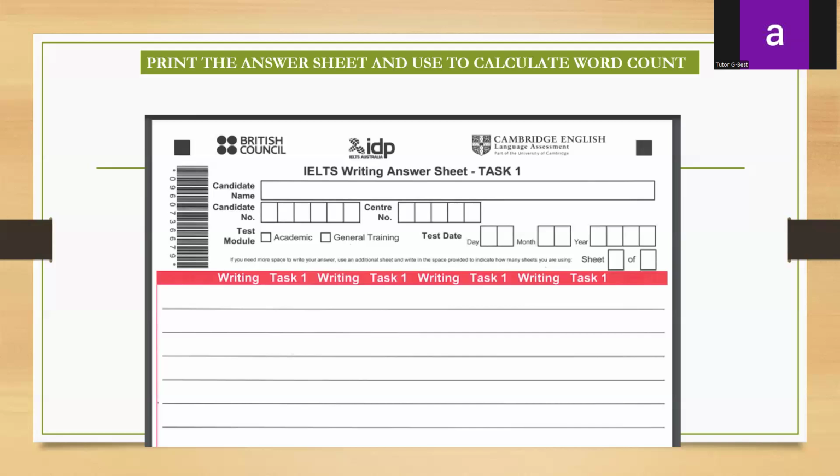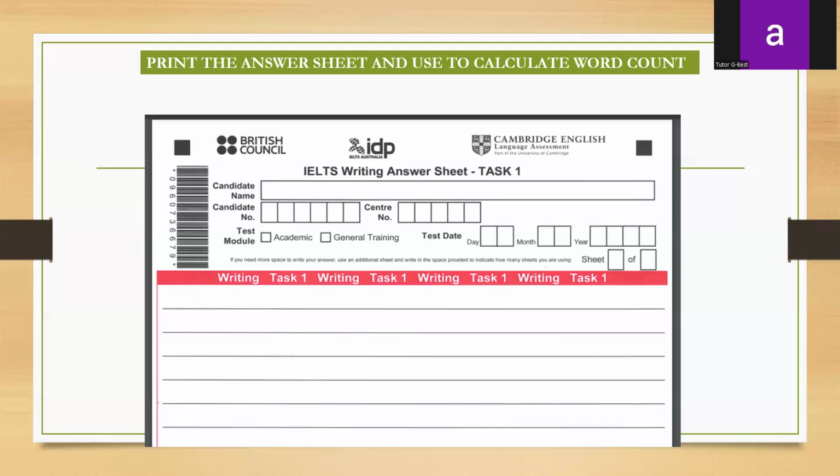In my own case, I know that 25 lines gives me 180 words minimum. That's based on my handwriting. 25 lines, 180 words. So on exam day, I don't need to count. I don't need to waste time counting. You don't have time.